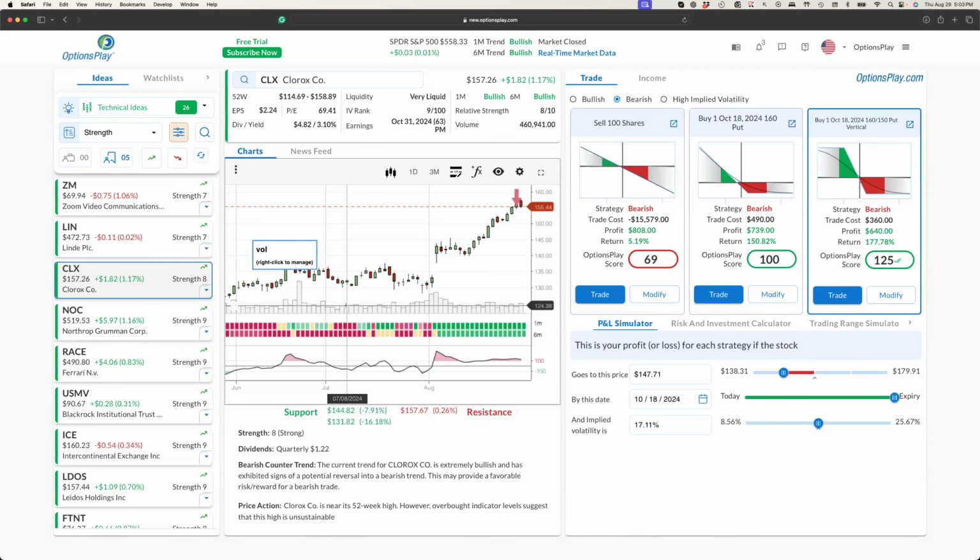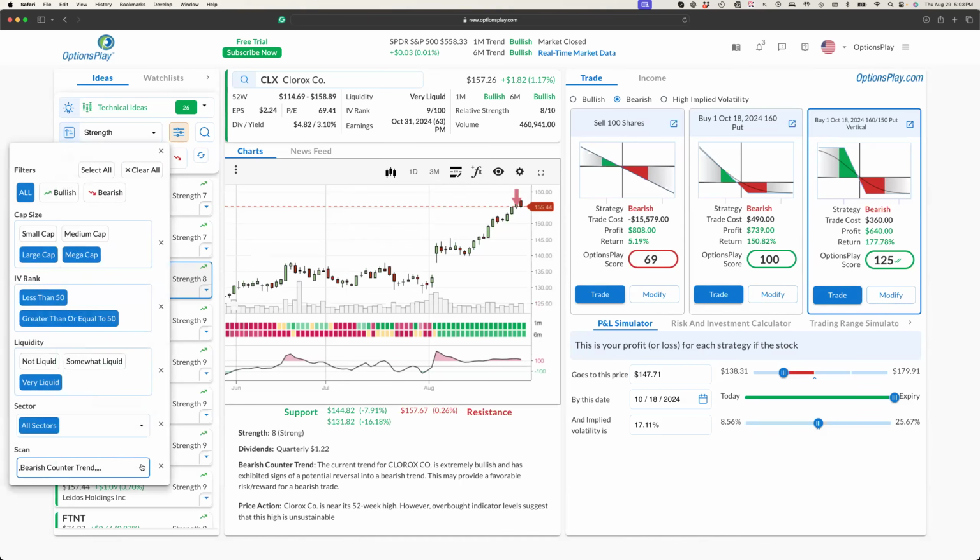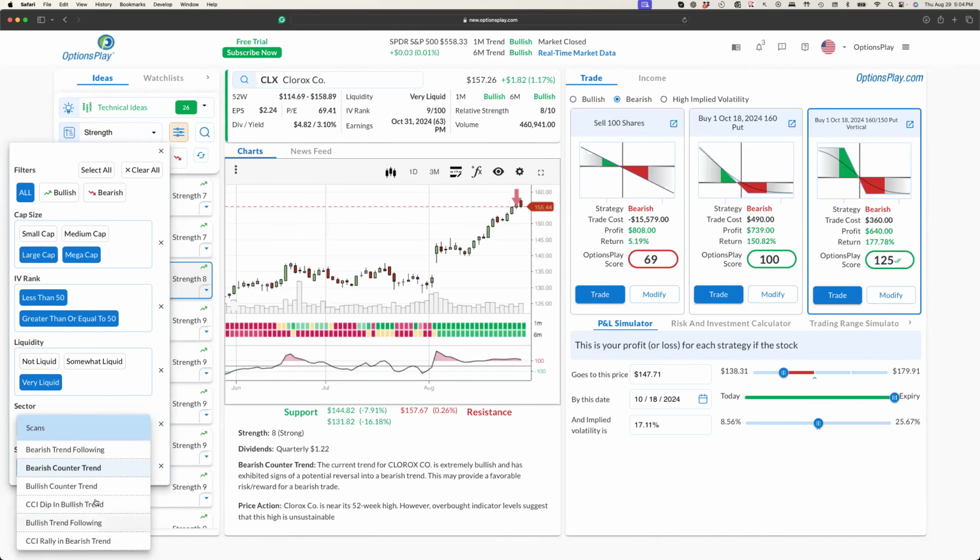So, we've made these changes to our OptionsPlay platform recently because we've simplified our trade ideas to make them a lot more intuitive, right? Counter trend, trend following, and I also recently did a webinar on these CCI scans as well. That's another scan that I use.